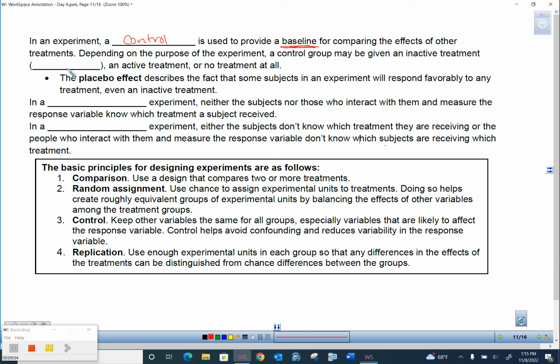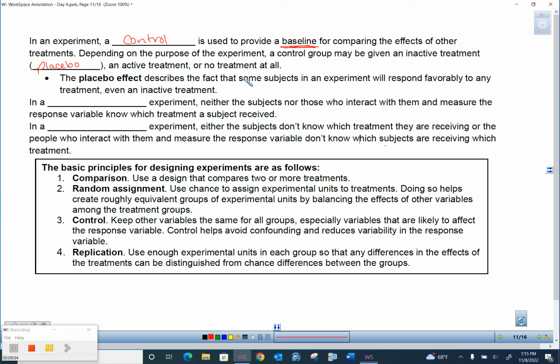If it's an inactive treatment, it's a placebo. An active treatment, something we applied, or no treatment at all. No treatment at all is something that we've seen often here with our ACT prep class example, the first one where we didn't have the one group go to any ACT prep course.